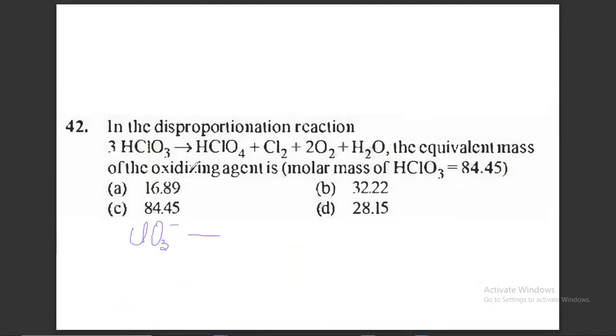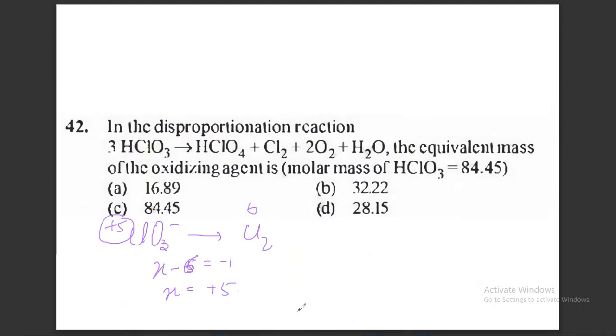ClO3, after losing this hydrogen, it now generates an ion, giving you chlorine. What is the oxidation state? 0. Initially, it was plus 5. So x minus 6 equals minus 1. So x would be plus 5. So x is the oxidation number.